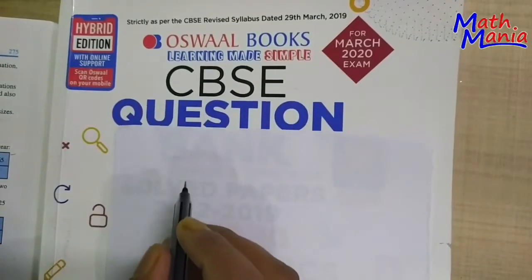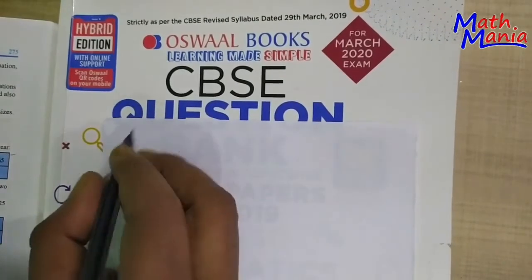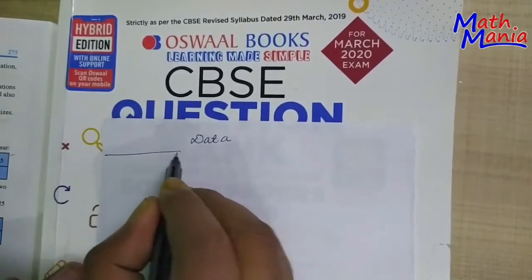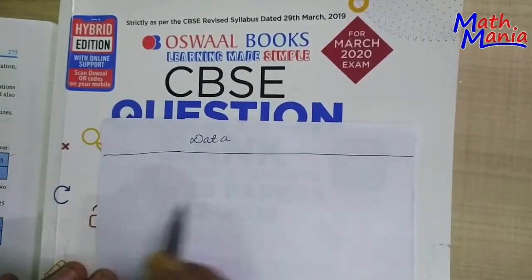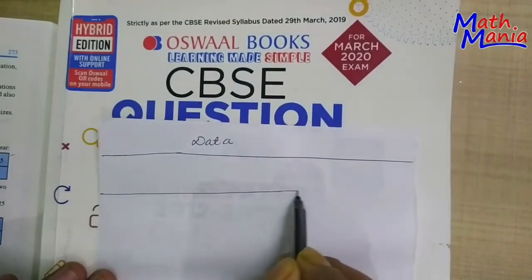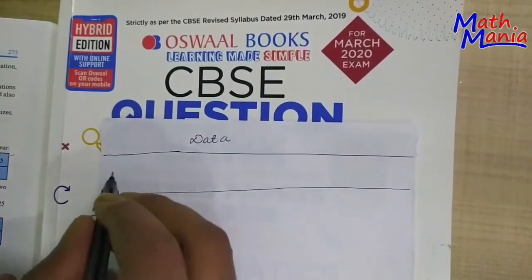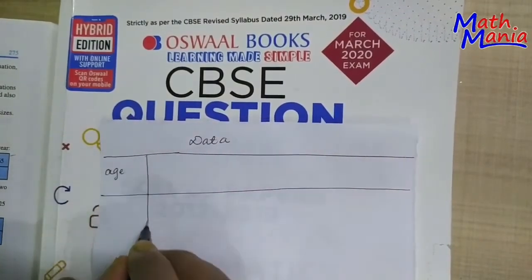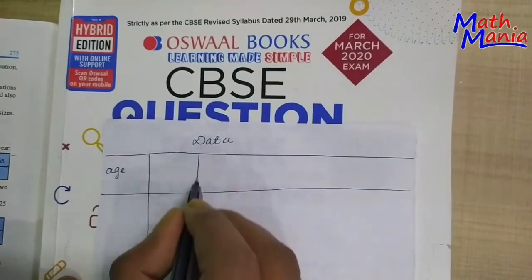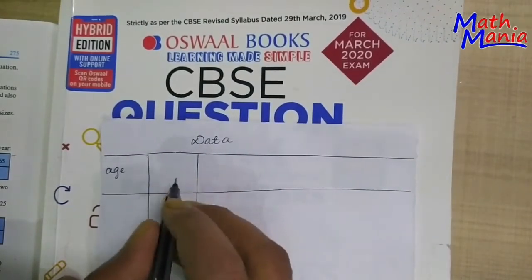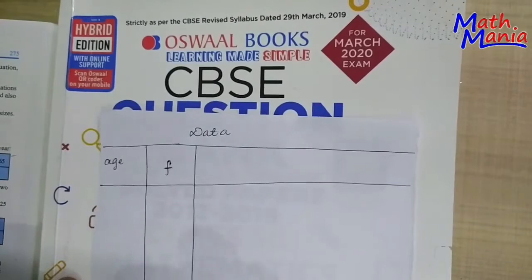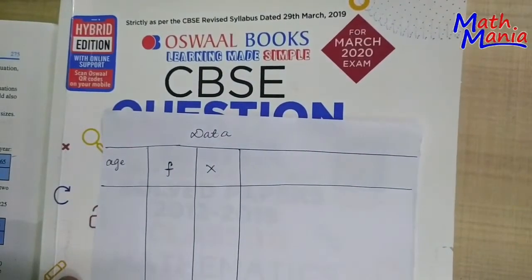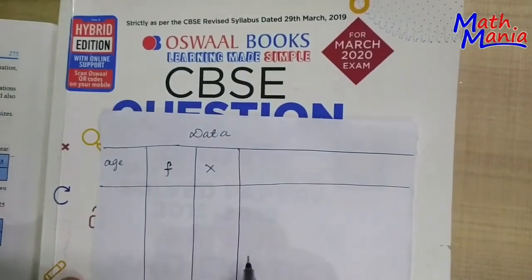Okay friends, so let's see the mean of this given information by the assumed mean method. Just see the data is given. We have to make three columns. First is the class interval, that is the ages. Second is the frequency, which is f. And third is the value of x, which is the midpoint of the class interval.